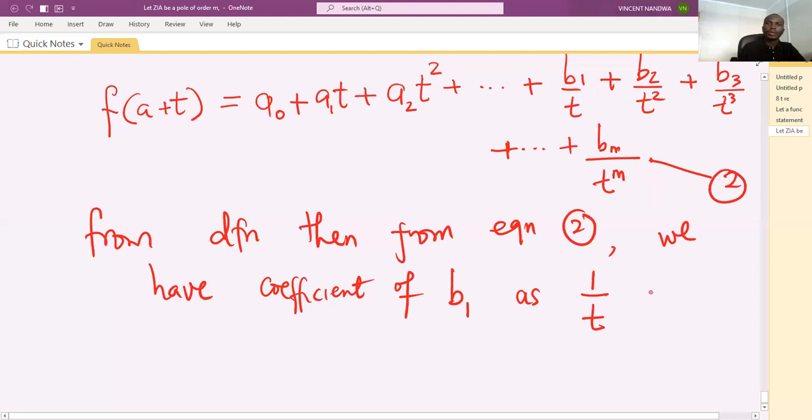This b1, from the definition, is the residue of f of z at z equals a.